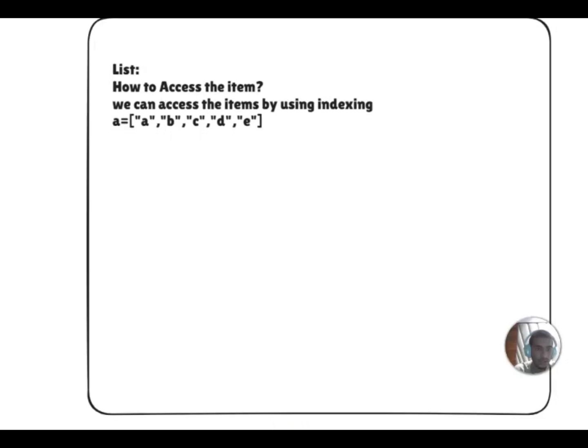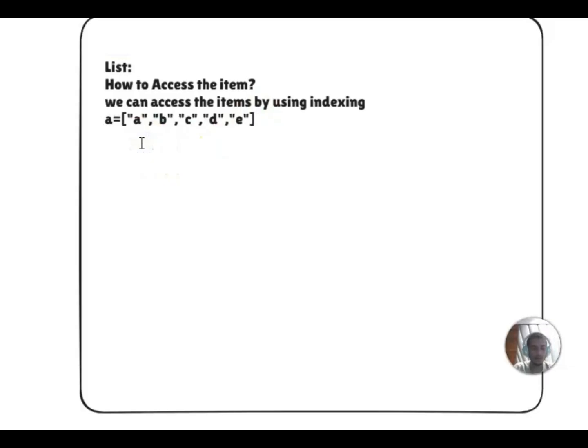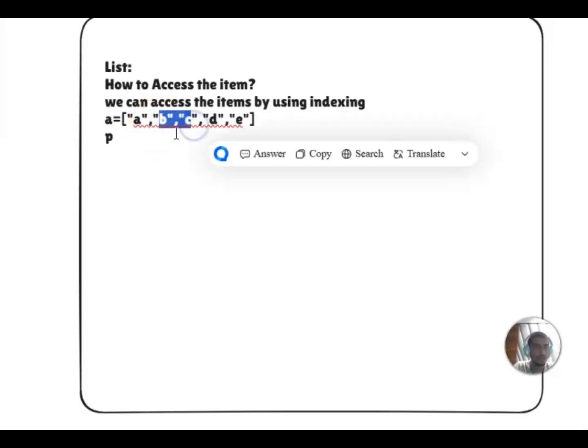Now let's try to print these items line by line. Let's take a list here. We have already a list a equal to a, b, c, d, e. And let's try to print the item b.